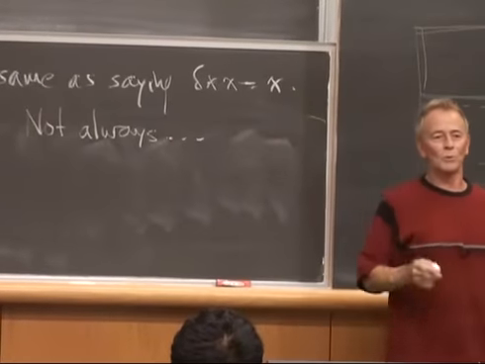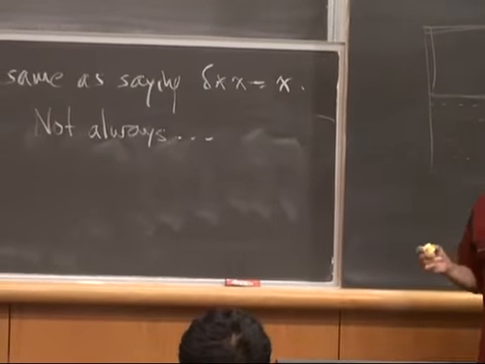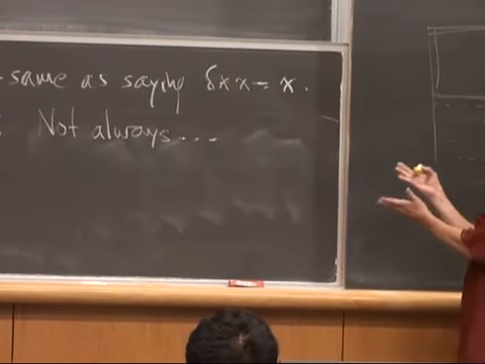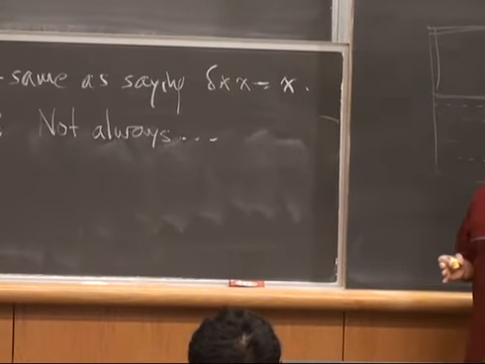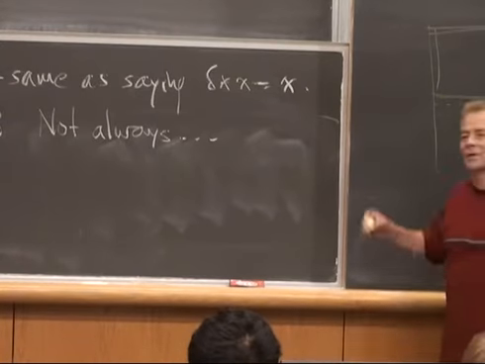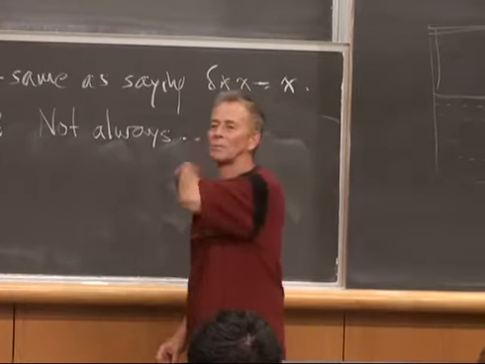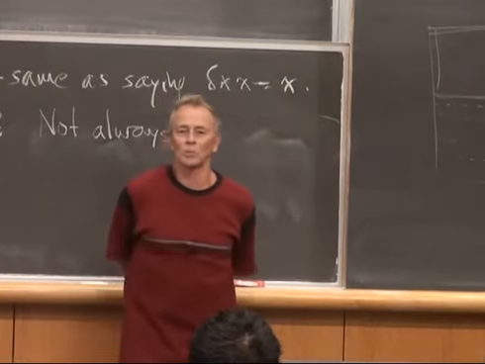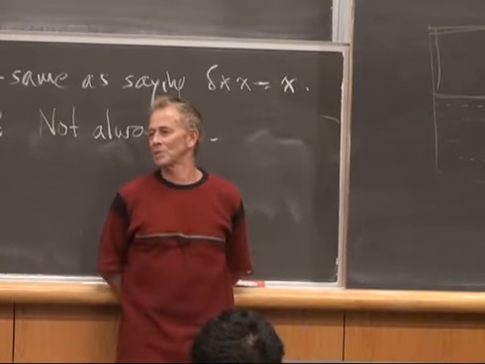And before we go through listing criteria for existence of convolution, I probably ought to give you an example where the convolution doesn't exist, right? It's only fair. Now, can anyone just think up quickly an example of two signals x1 and x2 that are particularly simple, whose convolution fails to exist?